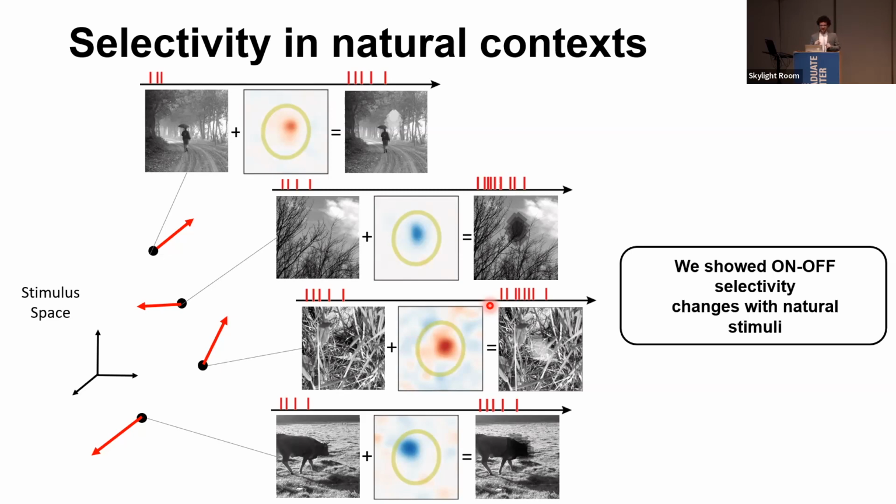We couldn't match them inside the receptive field because we didn't know a priori where the receptive field was, but across the image we did.